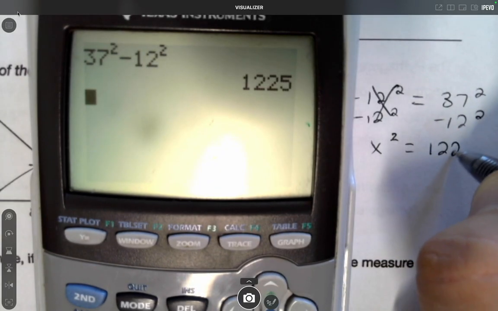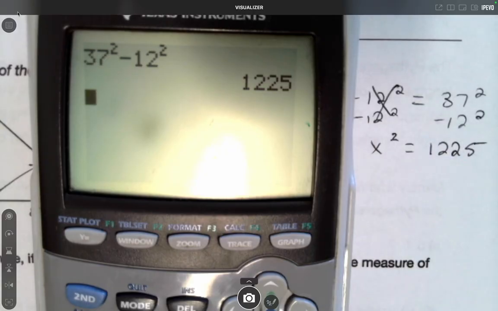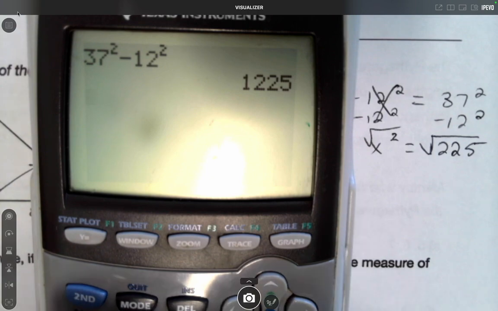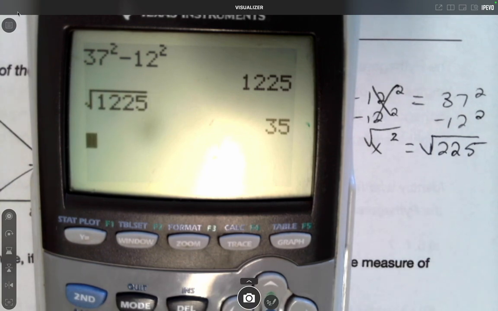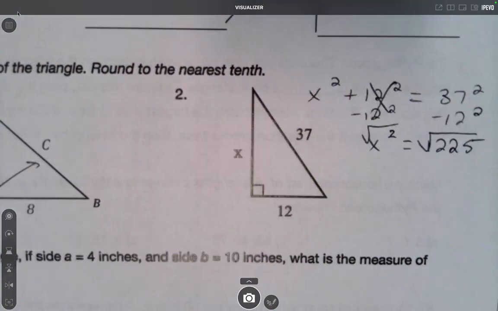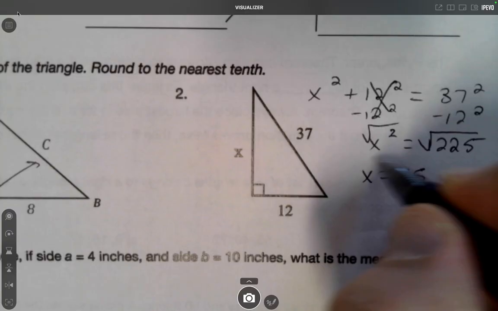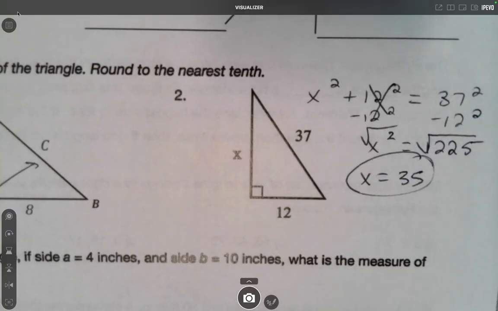So x squared equals 1225. Then we need to take the square root of both sides, and we get 35. So the leg is equal to 35.